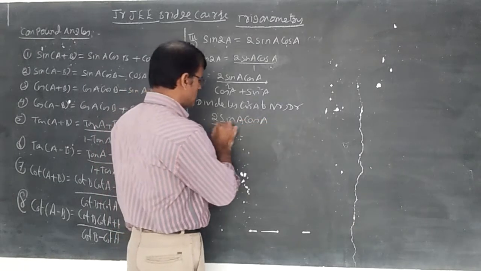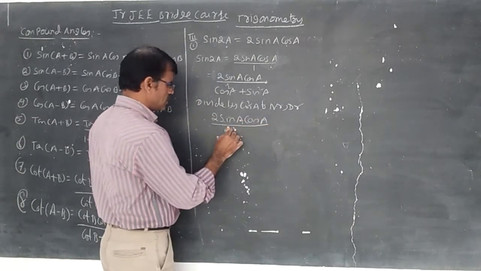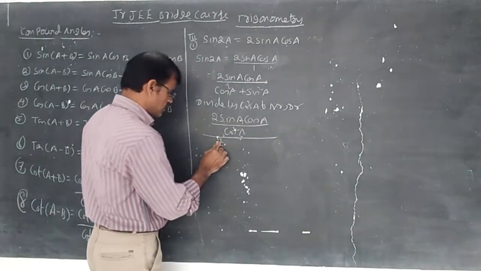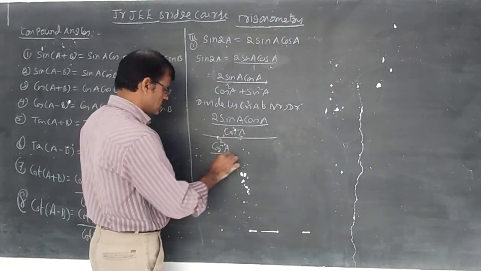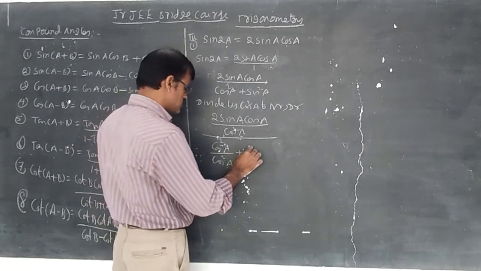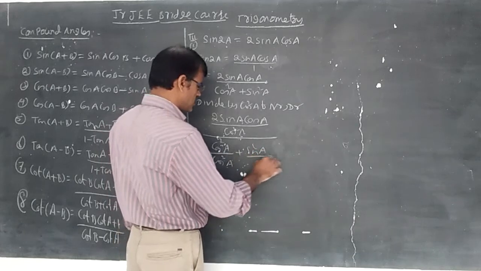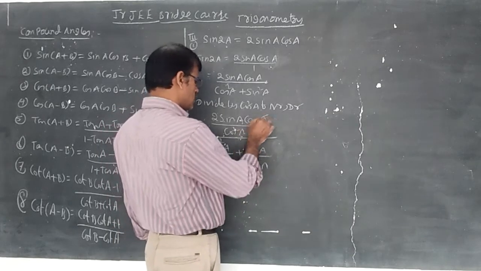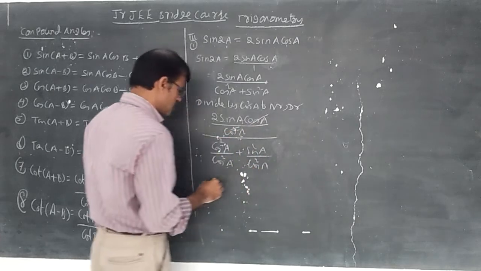So here you can write 2 sin A cos A by cos square A whole by, separately I am writing, cos square A by cos square A plus sin square A by cos square A. So cos square A will be getting cancelled.